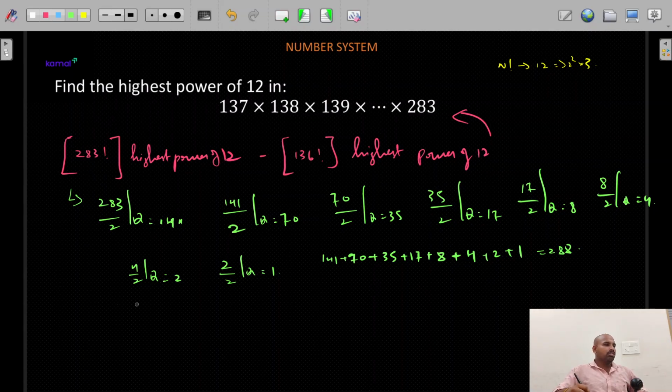This is the sum. So the highest power of 2 is 278. Now I have to convert this into 2 square power. If I divide this by 2, it is 139. The highest power of 2 square is 139.